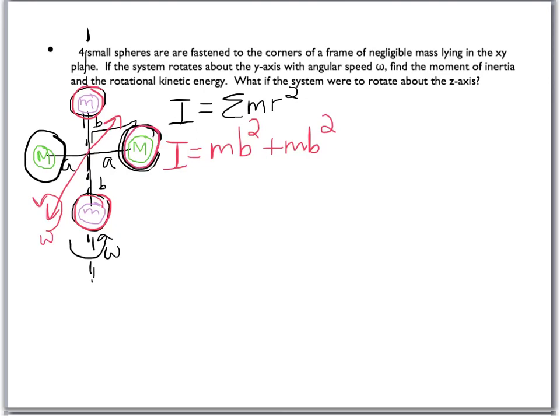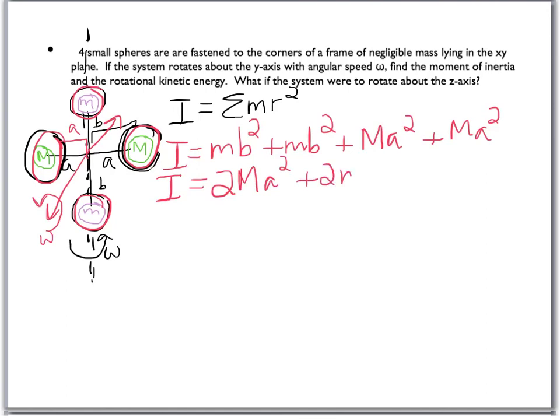We also have big capital M at a distance a away from the axis of rotation, and this big capital M at a distance a away from the axis of rotation. Meaning that when we solve for the rotational inertia now, our total moment of inertia is 2Ma squared plus 2 lowercase m b squared.